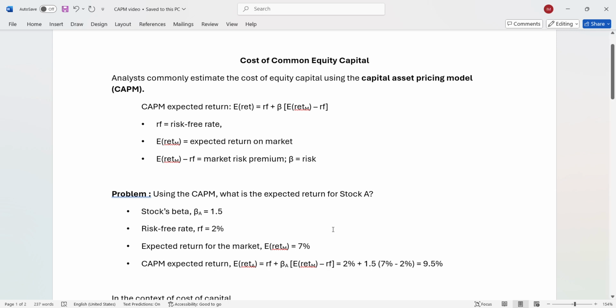Hello everyone. Today in our video we will discuss how we can use the popular CAPM model to estimate the cost of equity capital. And you all know that CAPM is the foundational financial model that is used to determine the expected return on an investment based on its risk compared to the market.